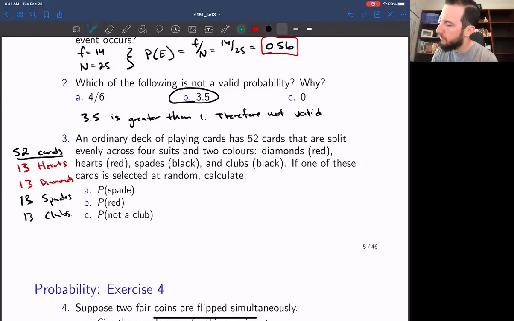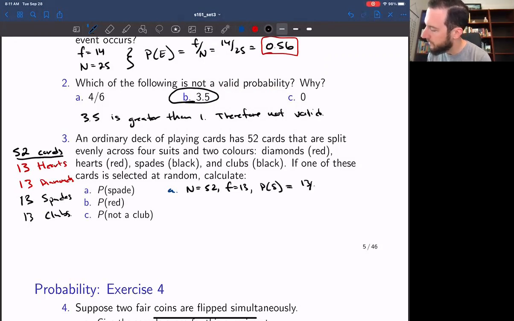In this question, it asks, what is the probability of observing a spade? So we would have N equal to 52, little f equal to 13. The probability of observing a spade is 13 over 52, which is equal to a quarter.